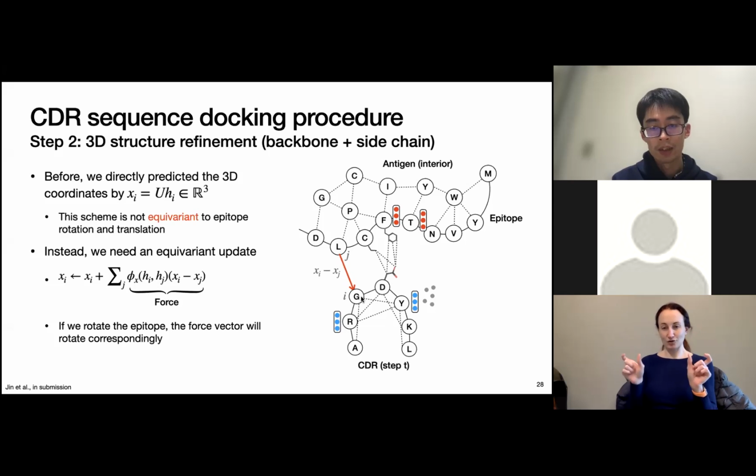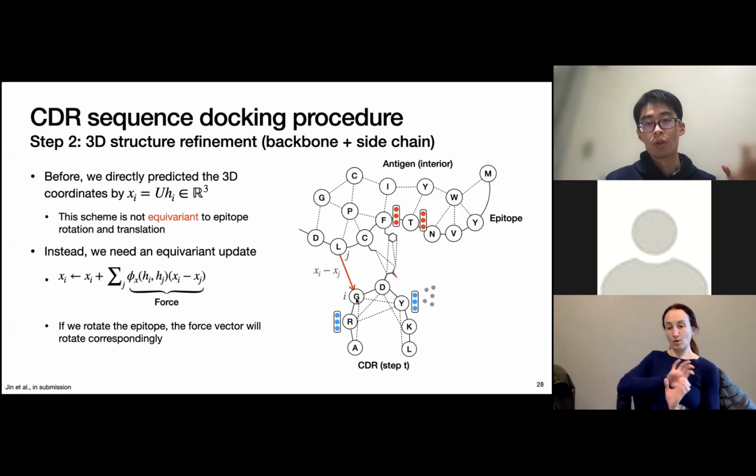One is h_i and h_j, the learned representation for each residue from this graph convolution. This is a scalar, and we multiply it with this direction vector x_i minus x_j. So it gives you this force, and this residue will push this residue further apart, or draw it closer, depending on the sign of this force. It could be either positive or negative.